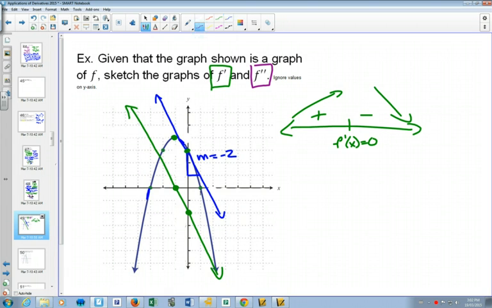So now if I look at my green graph, can you see that there are no maximums and no minimums? So there's no place along here where f double prime of x would equal 0. And here I'm thinking of f double prime based on the green graph.